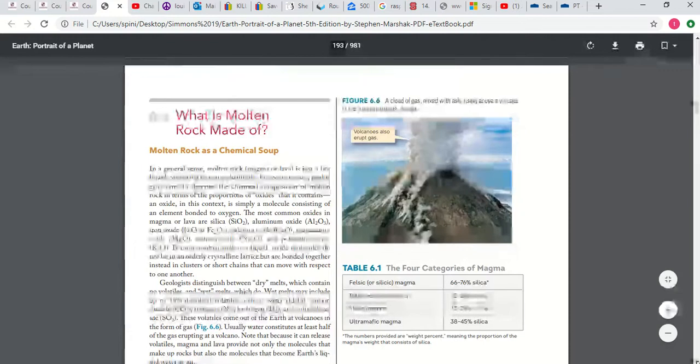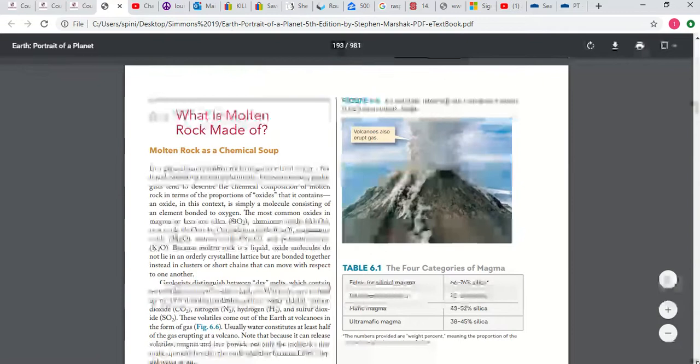And instead of potatoes and that sort of thing, we see some of the elements and some of the chemicals that can form in these soups. Things like silica, aluminum oxide, iron oxide, calcium oxide, sodium oxide, all kinds of different things that are formed and kind of float around in the soup.